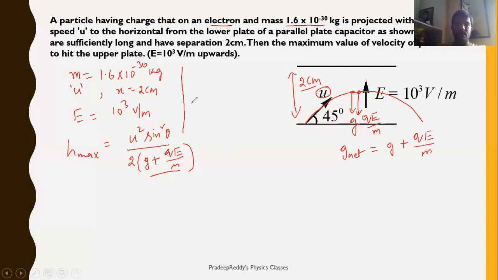In this particular case, h is equal to u square sine square theta by 2 g effective. G net I am substituting here. Now the maximum height is given as 2 centimeter.